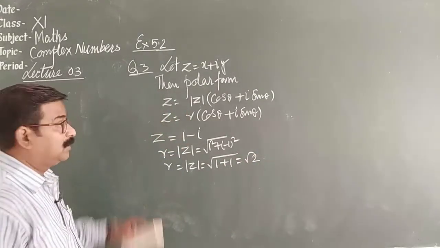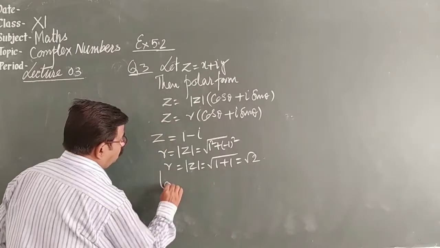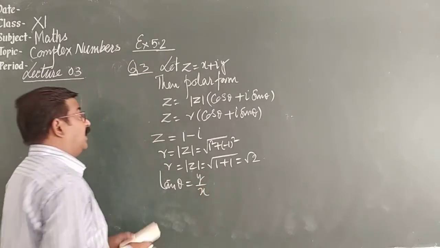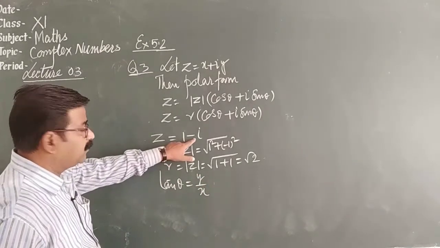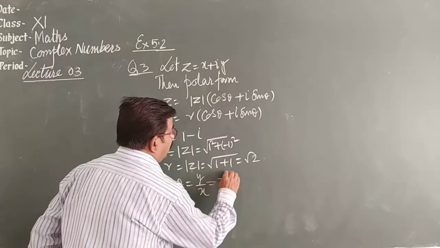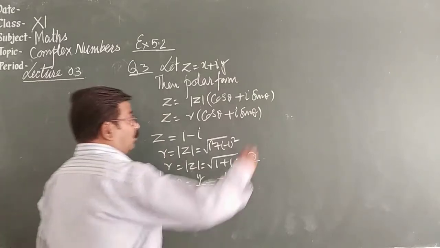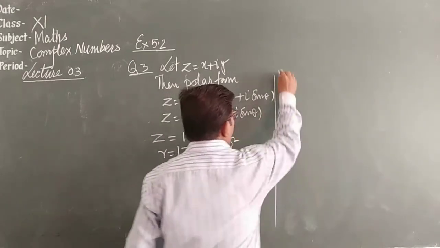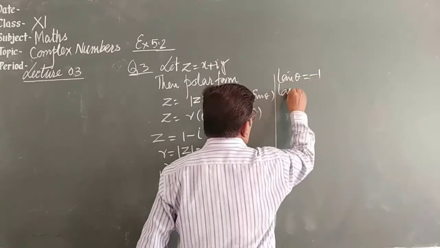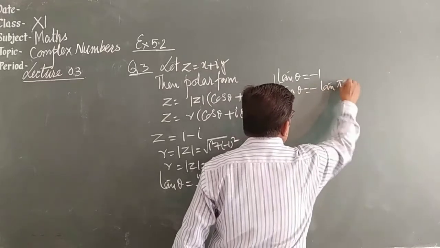We have got r, the modulus of z. Let's find theta. Tan theta is equal to y upon x, and here y is minus 1 and x is plus 1. So we have minus 1 upon 1, so tan theta is equal to minus 1, or tan theta is equal to minus tan pi by 4.